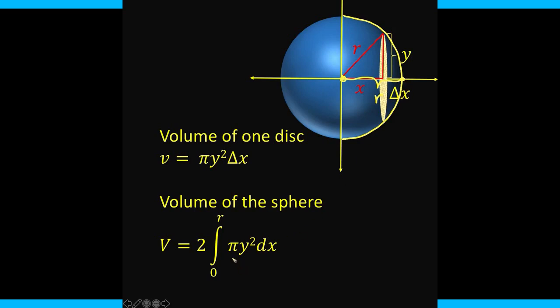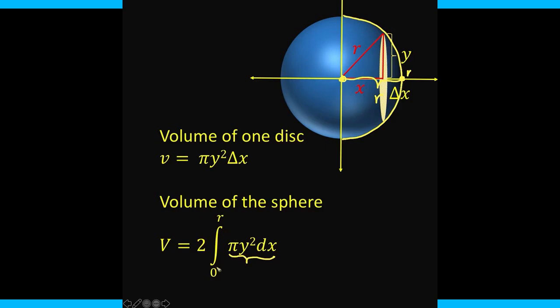Since the volume of one disc is pi y squared dx, and we want to sum up the volume of these discs from x equals 0 to x equals r, we can now sum up all these volumes with changing height, because the height would depend on the value of the function.